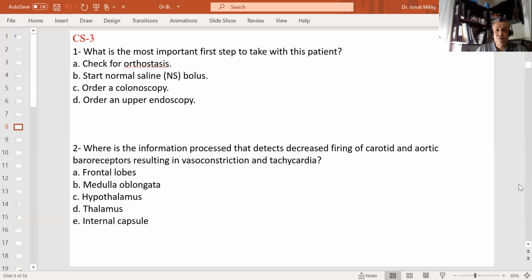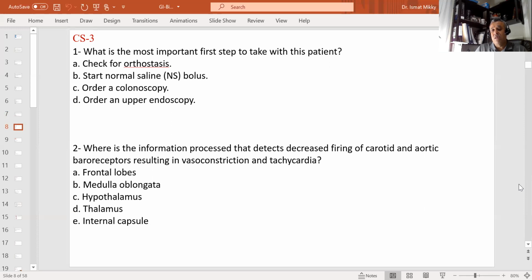First thing, fluid replacement. So it is far more important to restore perfusion pressure than to look for the precise etiology of the bleeding, or what the bleeding is coming from, or how to diagnose. We have to treat and replace the fluid loss so we can prevent the hypovolemic shock.